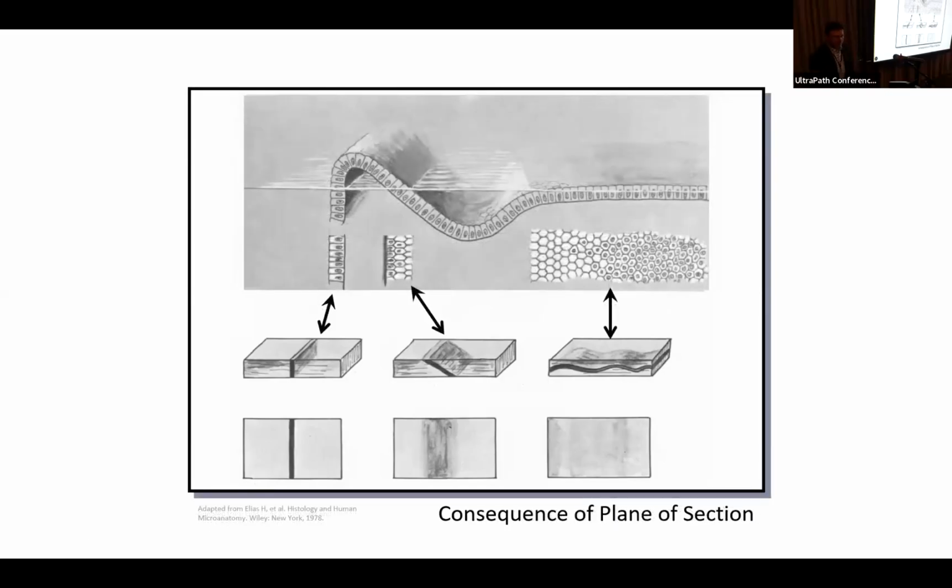And if you transform that image of a line into a line of cells, let's say some kind of simple epithelium, you can see here that if your plane of section is cutting through the cells here, this is what you're going to get. Let me move on to the next one.